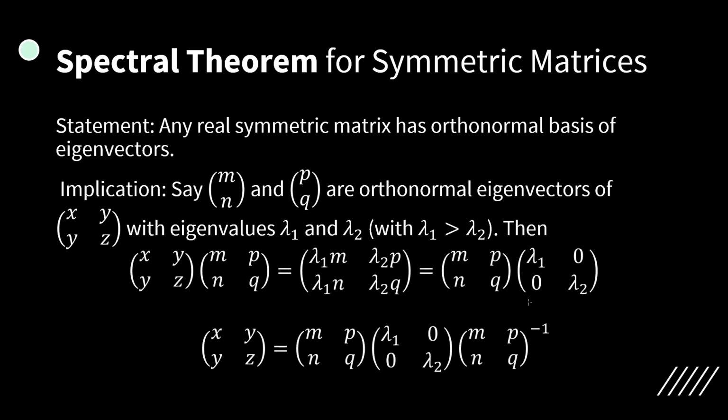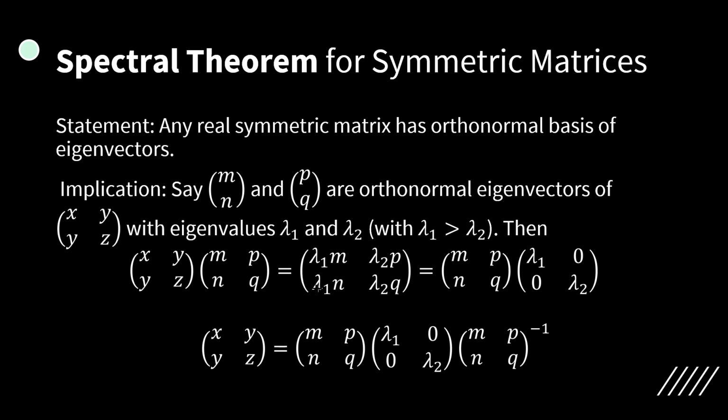Now, if we simply use the definition of eigenvectors, if you multiply this matrix by (m, n), lambda 1 will appear because lambda 1 is the eigenvalue for the eigenvector (m, n), and lambda 2 will appear here because it's the eigenvalue for the eigenvector (p, q).